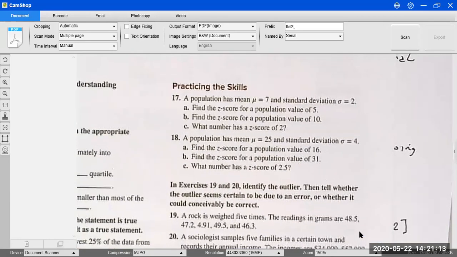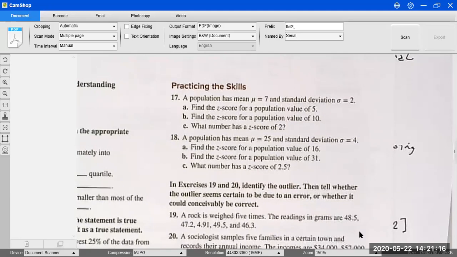Okay, 17 and 18. A population has a mean, mu equals 7, and a standard deviation sigma equals 2, and you're going to find the z-score for a population value of 5, then another z-score for a population value of 10, and then you're going to do the opposite. You are given the z-score and now find the corresponding value x, and the same thing with problem 18.